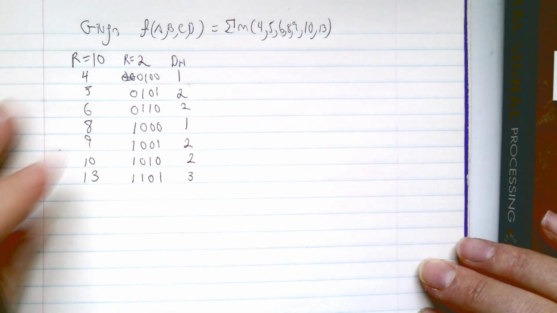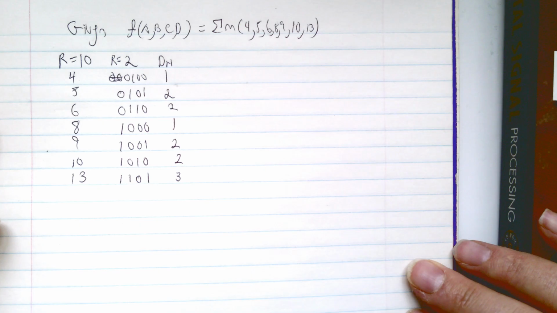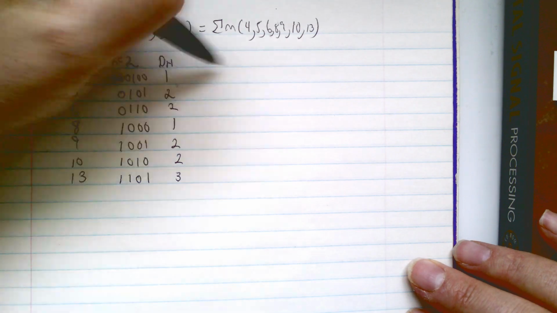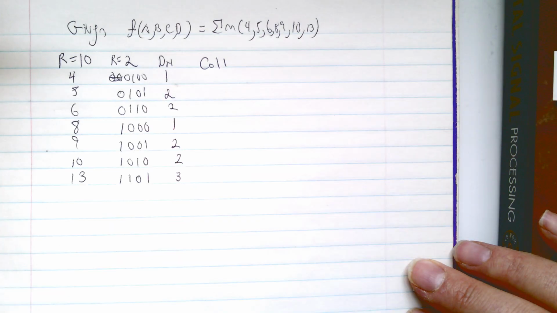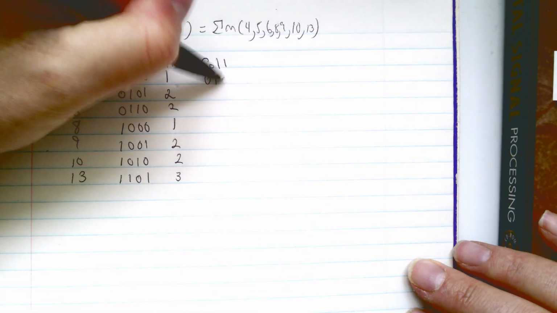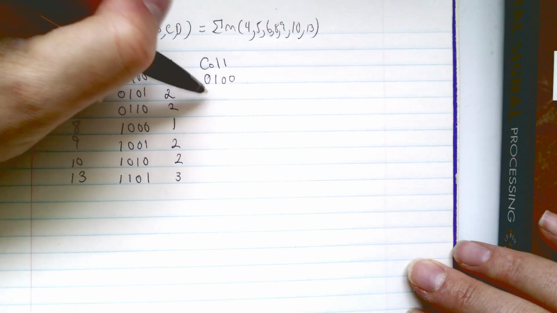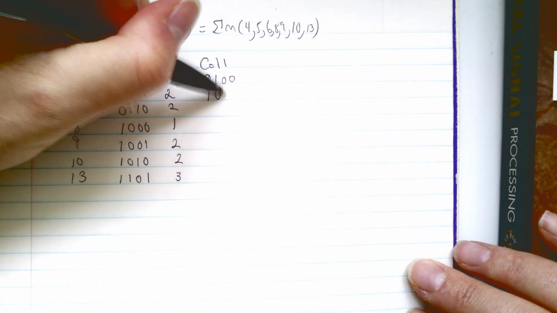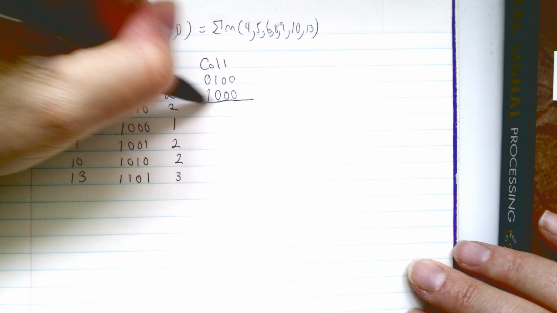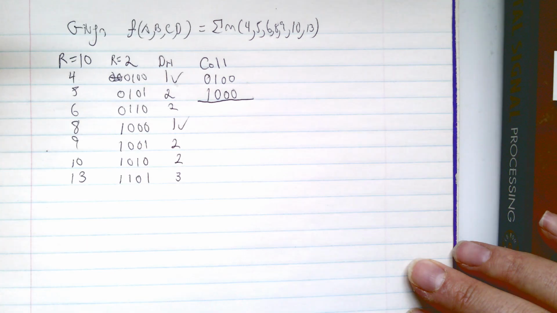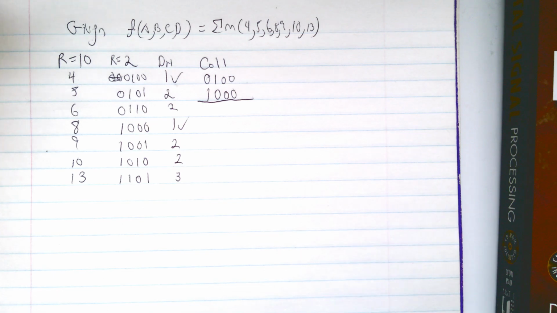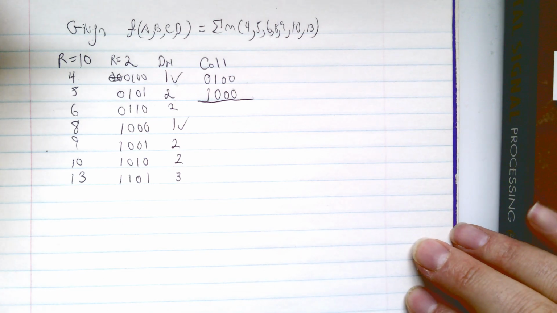Now what I need to do is order the min terms in terms of their Hamming weight, and we're going to call this column 1. The first group in column 1 will be those elements which have a single bit. The next group in column 1 will be those elements with 2 bits.